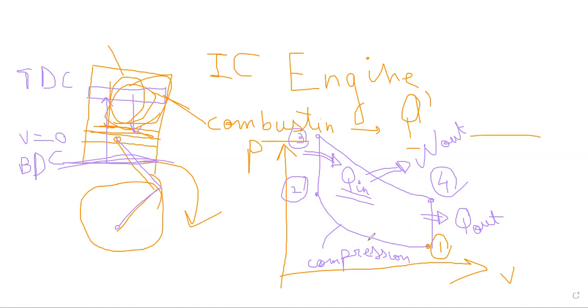Now, during the compression, we are putting work on the system, because in order to move up the piston, the surroundings should provide work to air. But of course this Win during compression will be much smaller than W out. This is why overall W net is positive.